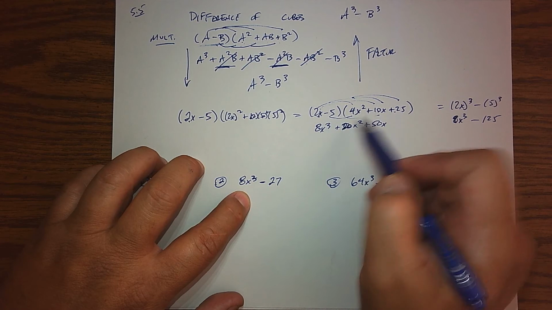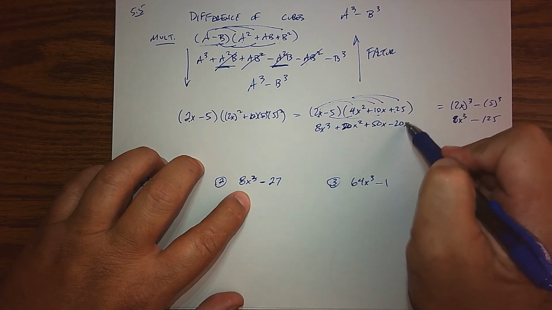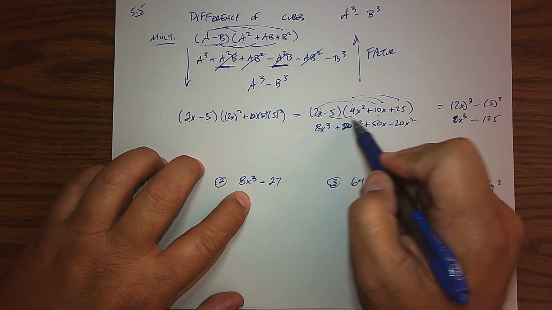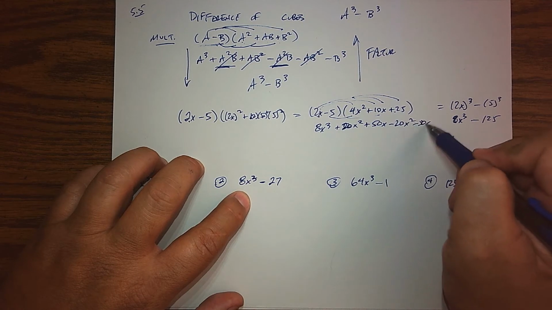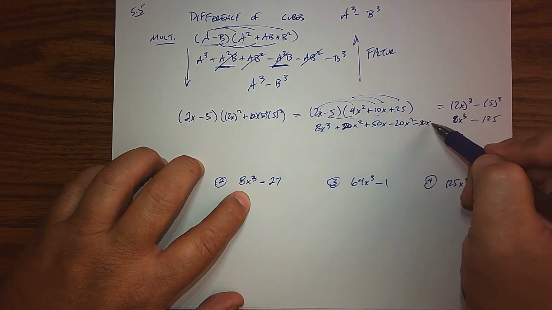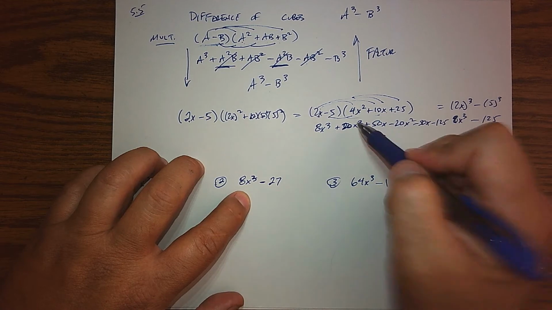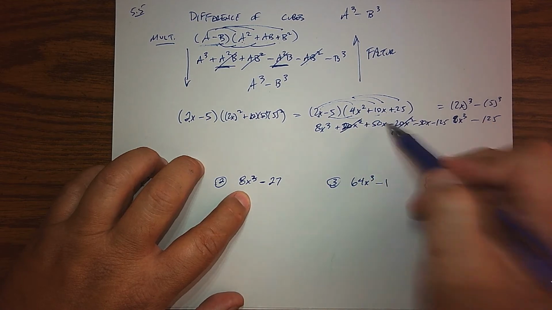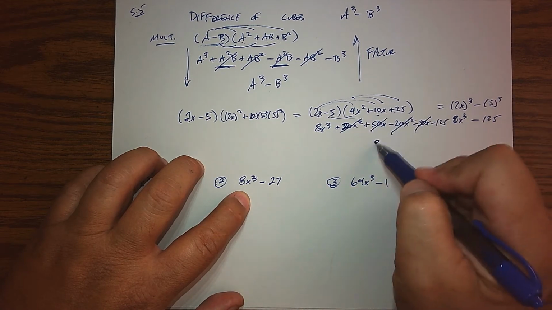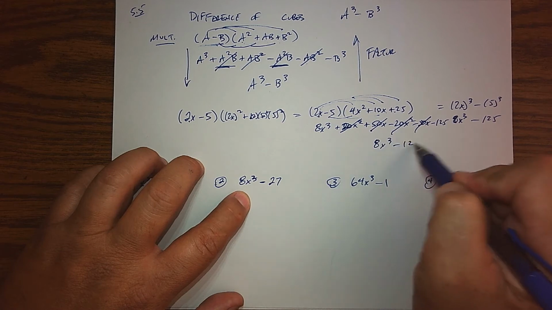Doing the negative 5, we get a negative 20x squared, a negative 50x, and then a negative times a positive gives the 125. Those terms cancel out, and lo and behold, we get what I said we would get.